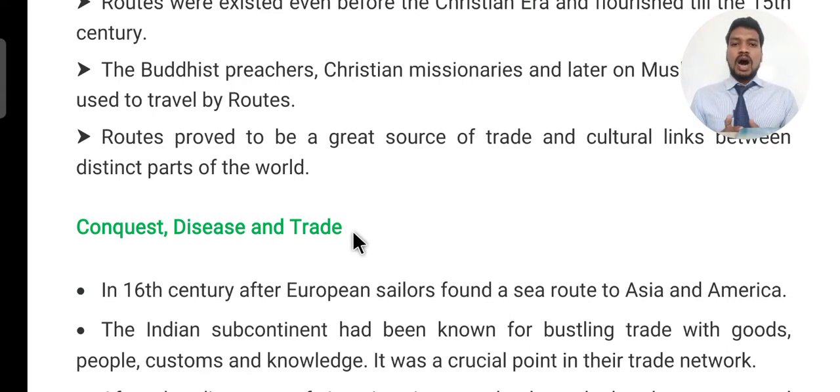Conquest means war, acquiring. Diseases means illness, problems. And trade. So this Silk Route gave other continents an easy way of exchanging or receiving or sending their important goods, cultures and people.